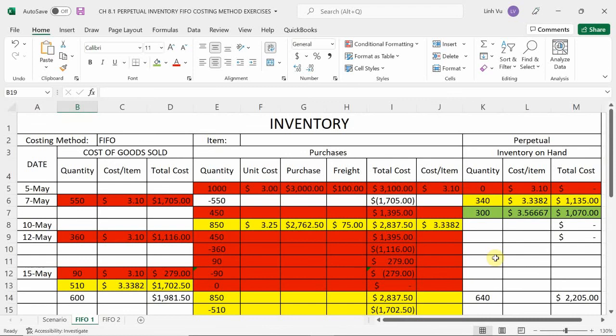I can sell the 450 units. However, do I have enough for my first batch of inventory? Do I have enough in my yellow batch of inventory to sell all 450 units?